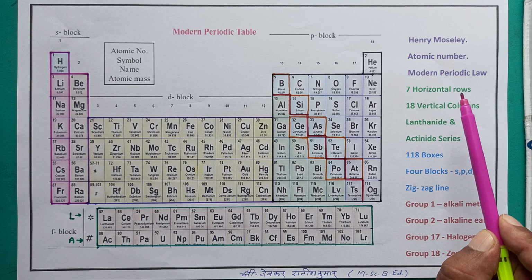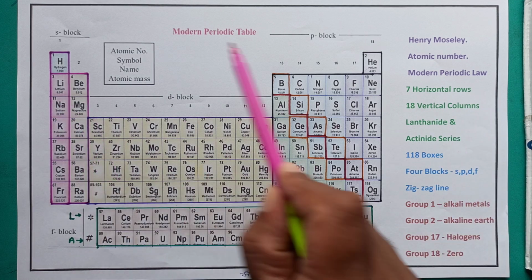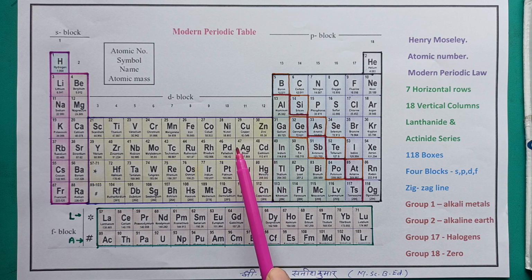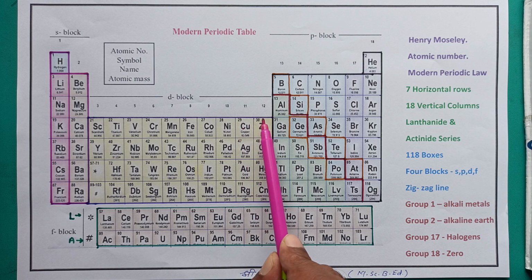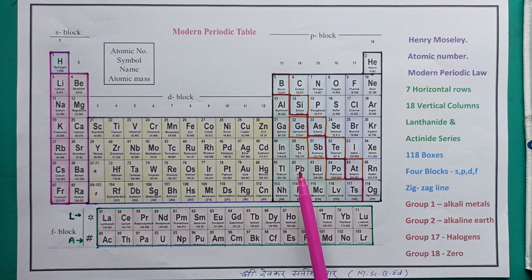This is the modern periodic law. That means atomic number is the base of this modern periodic table.